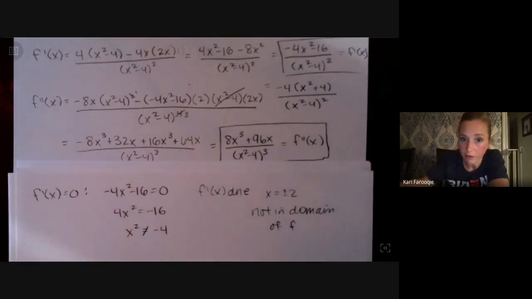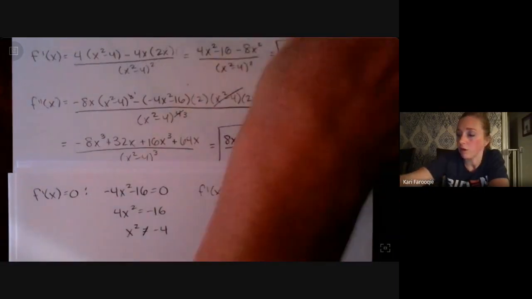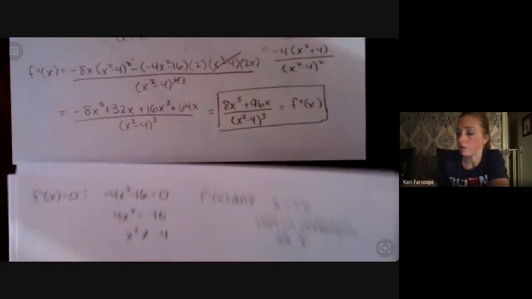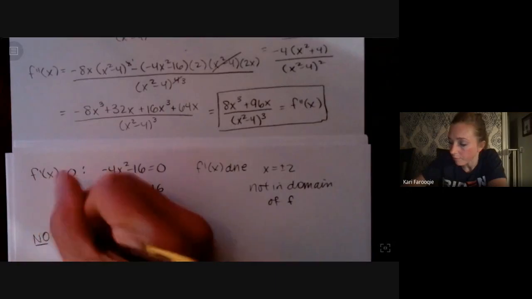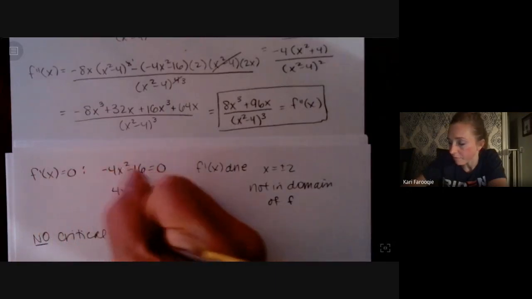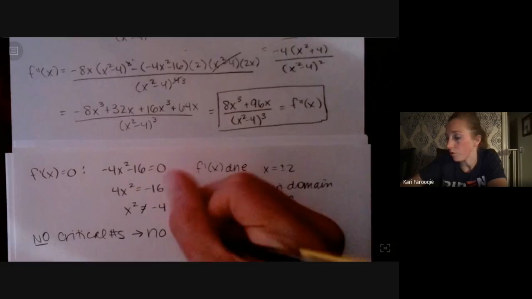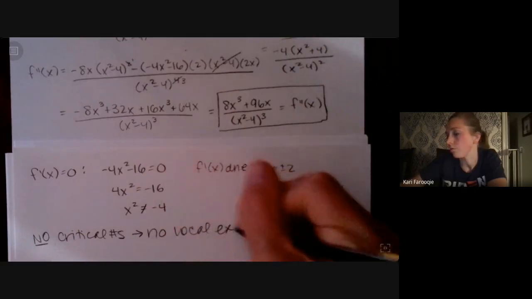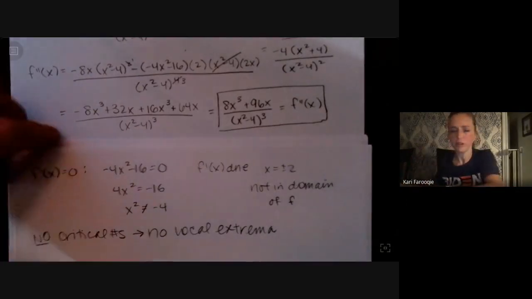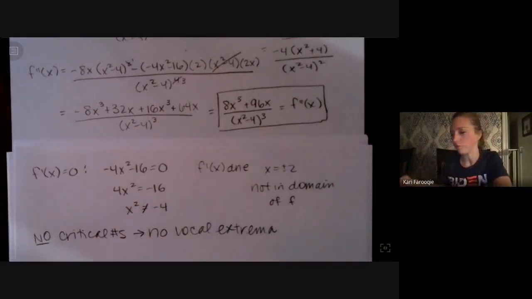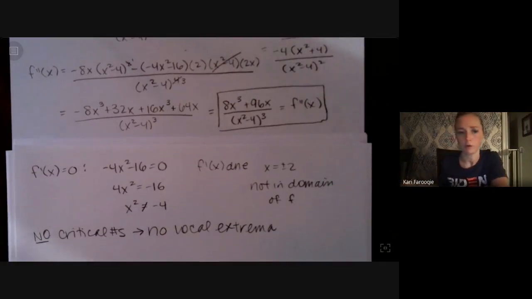We have no values that make the numerator 0, and we have no values in the domain that make the denominator 0. And this means that on our graph, we're going to have no local extrema. Such is life. Unfortunately, we're not going to be able to glean much information as far as that's concerned, but that's okay. We have a lot of asymptotes, so we have some good info.